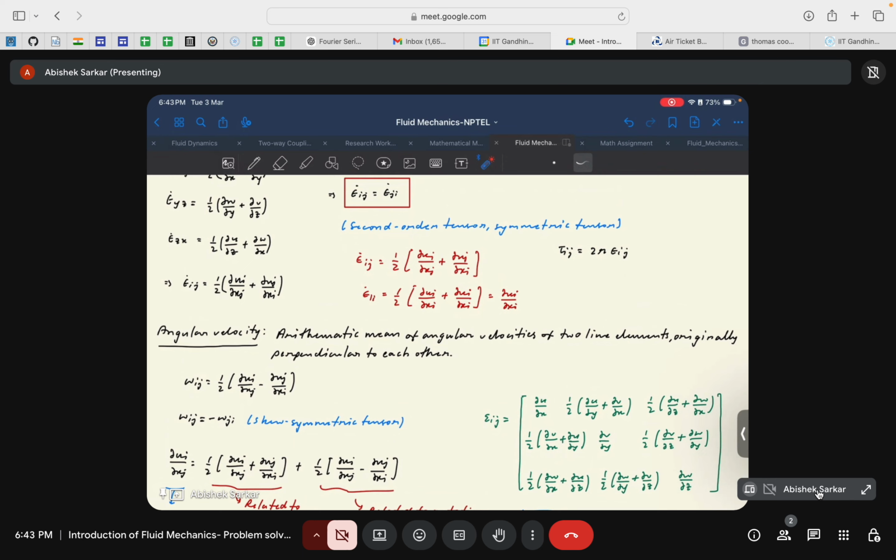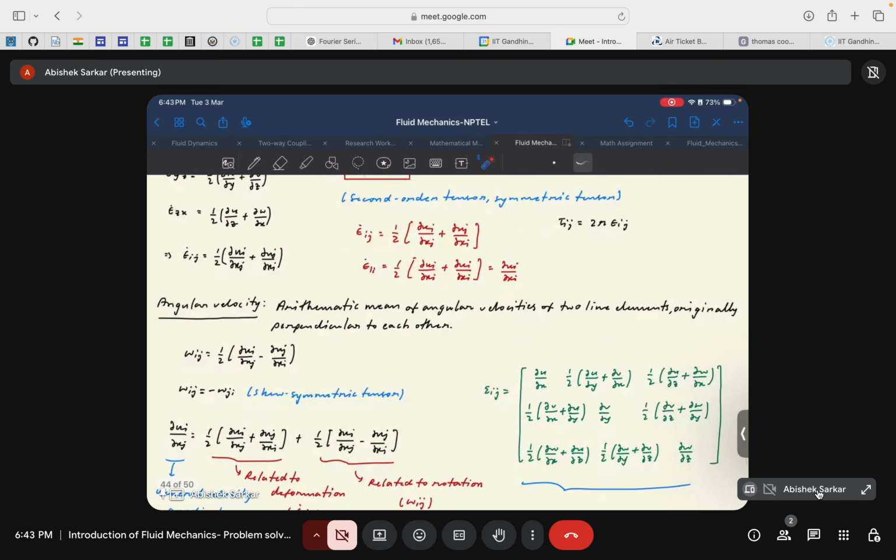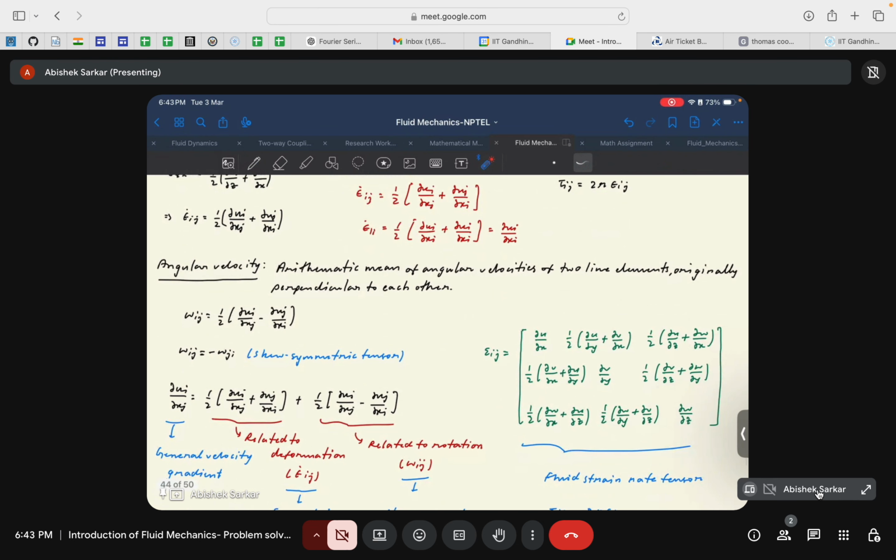So if you want to represent this tensor for the Cartesian coordinate system, for the 3D case, it is a second order tensor and it will give you 9 components, right? So you will have epsilon ij, which will give you 9 components. For Cartesian coordinate systems, this will be the strain rate tensor.